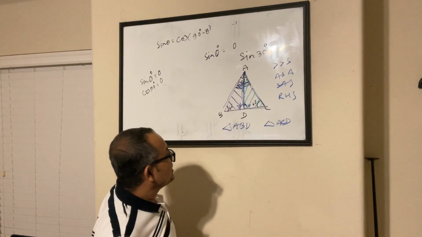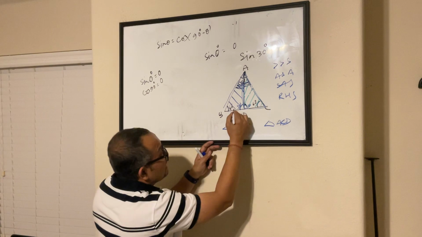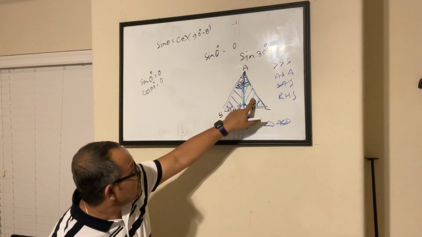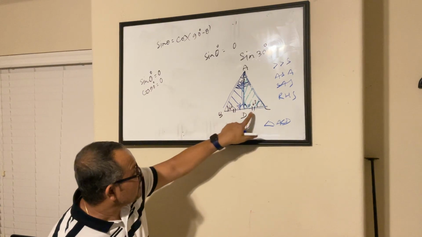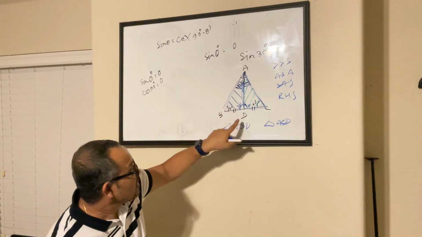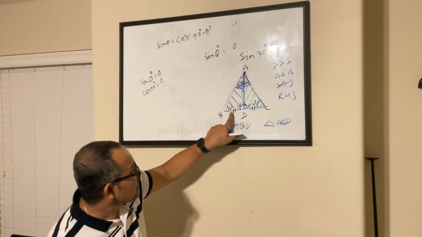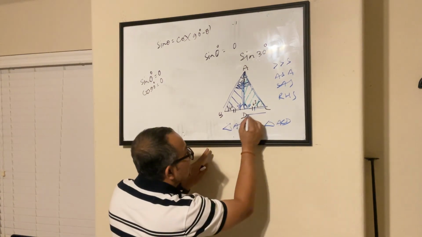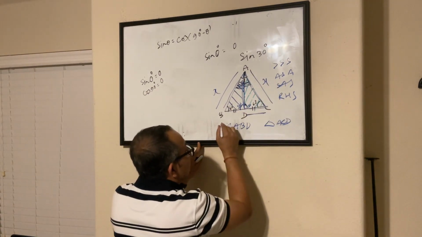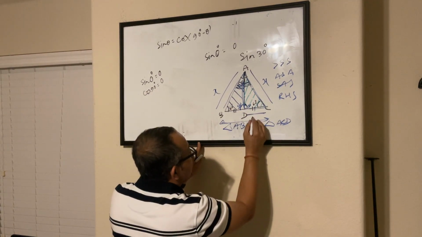Another thing we found is that this side and this side are also the same, because the two triangles are congruent. This is common. If this whole length is x, then this part is x by 2.